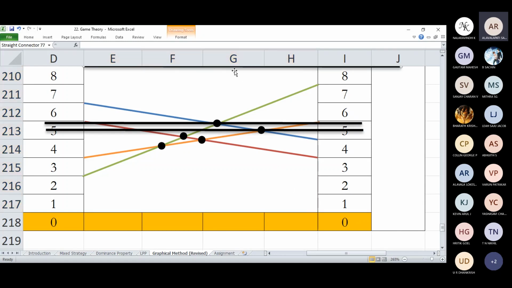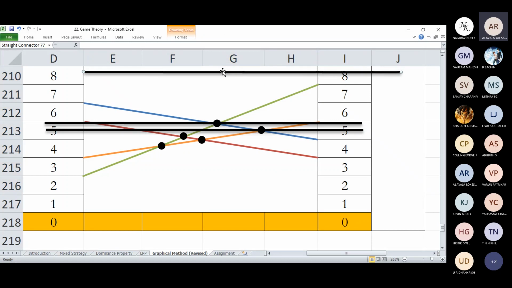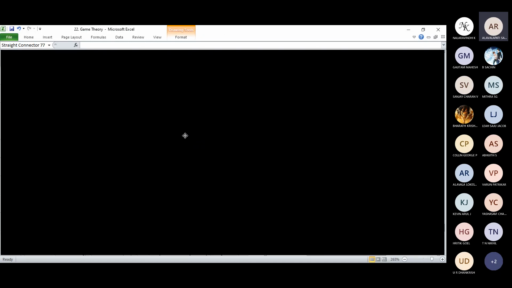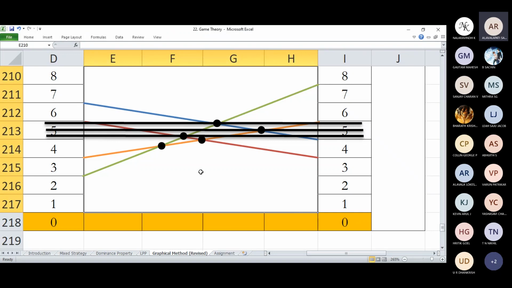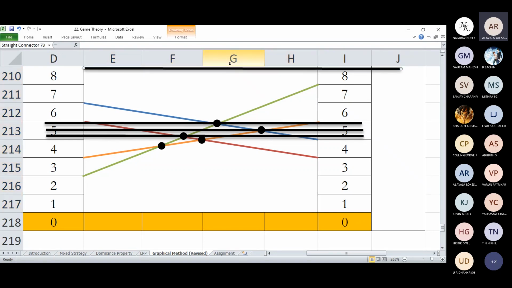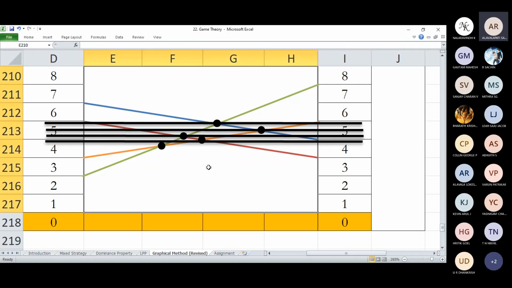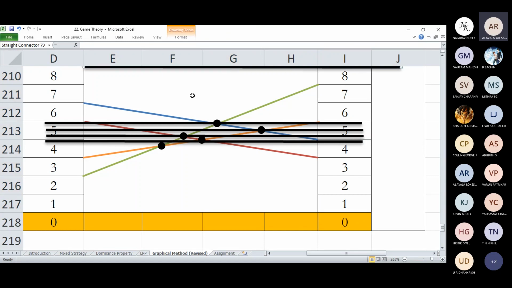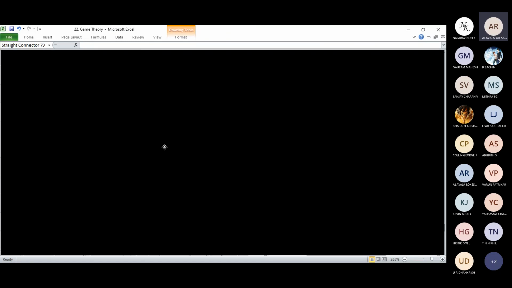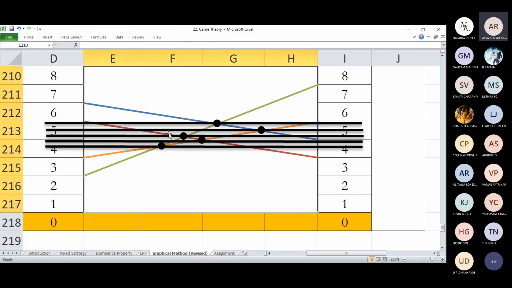Then draw another line through the center of this, and we draw another line through the center of this, and we draw another line through the center of this. All right, so probably now you got an idea of which points towards the 0, right?